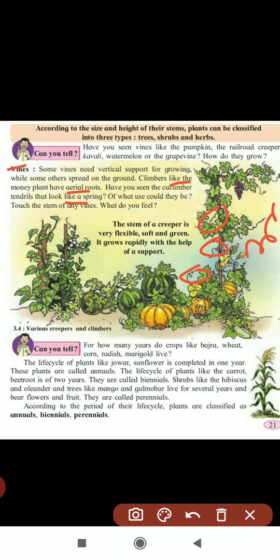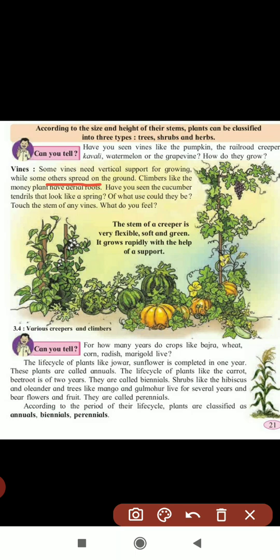If you touch the stem of any vine, it is very flexible, soft and green in color. It grows rapidly with the help of support, which means they need support for growing. Some vines need vertical support for growing and some others spread on the ground.